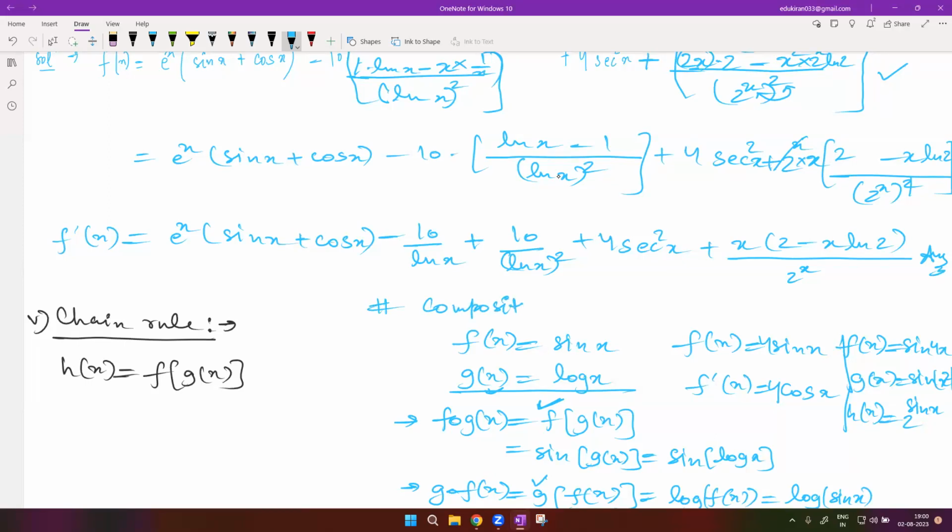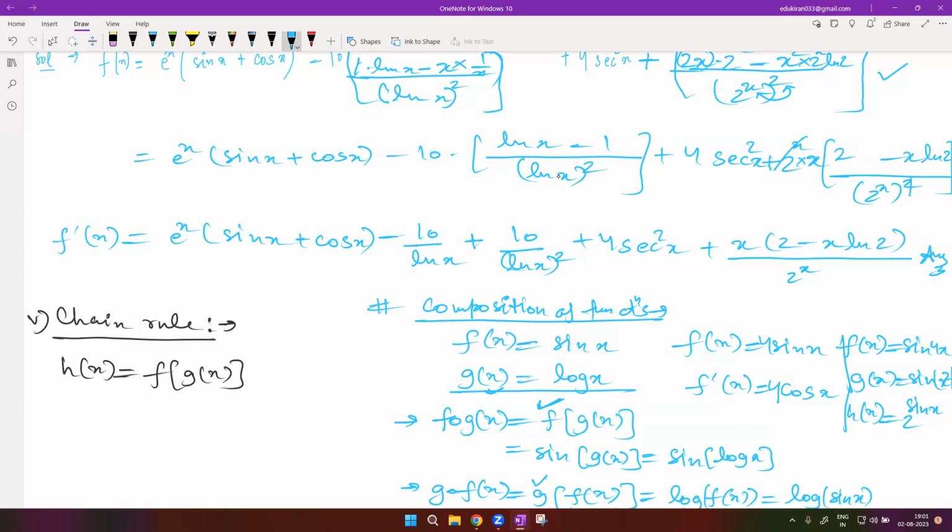And through this composition of functions, we can actually create a lot of varieties of functions. Right? And this is very important to know how to differentiate composition of functions, because a lot of functions you will encounter on a daily basis will be composition of functions.